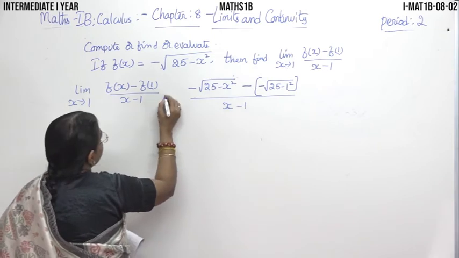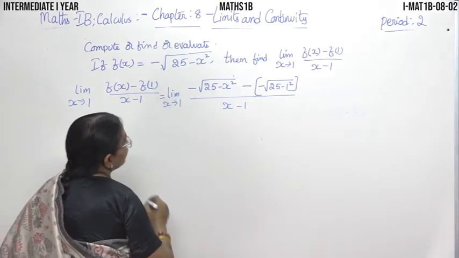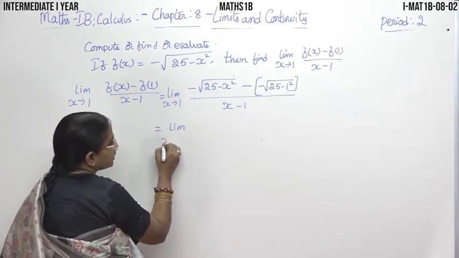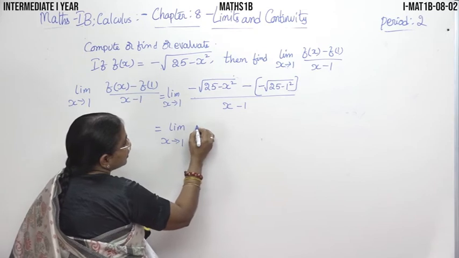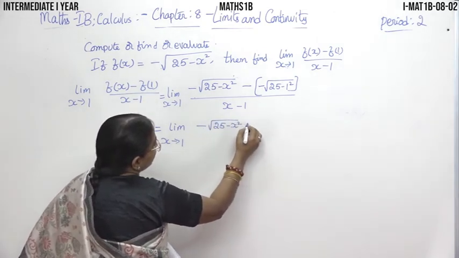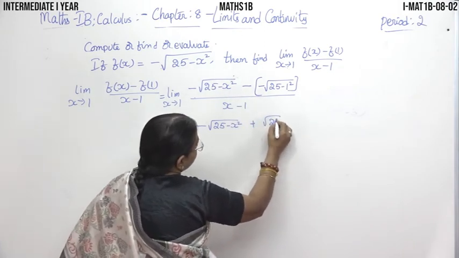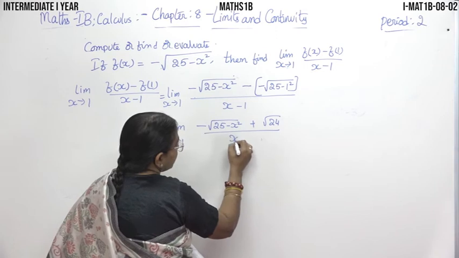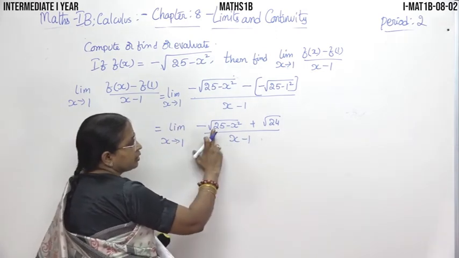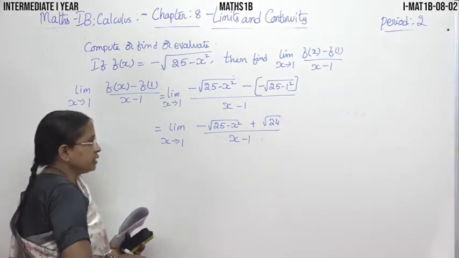So it is equal to limit x tending to 1 of (minus root 25 minus x square minus (minus root 24)) by x minus 1. Now if I substitute 1, I'll get 0 here, so 0 by 0 form. So it is indeterminate form.